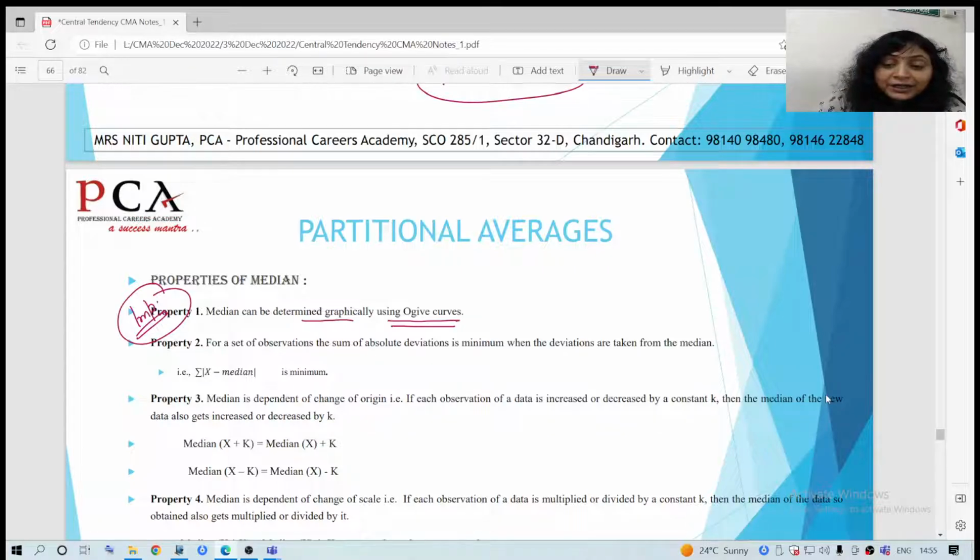I explained in the last class, when we discussed types of continuous series, that there are two types of cumulative frequency series, less than series and more than series.